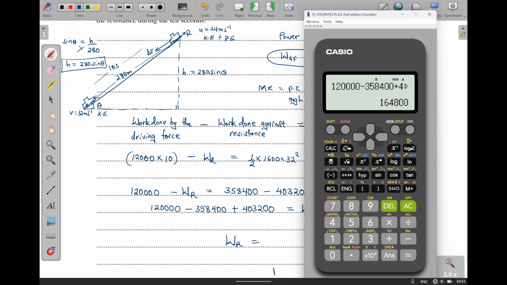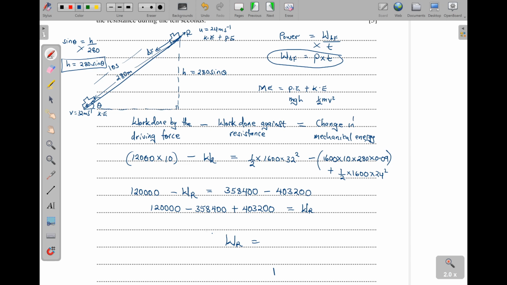This gives us 164,800 joules. If you want to write it in kilojoules, you will write 164.8 kilojoules. So this has been it for this first part of the paper.